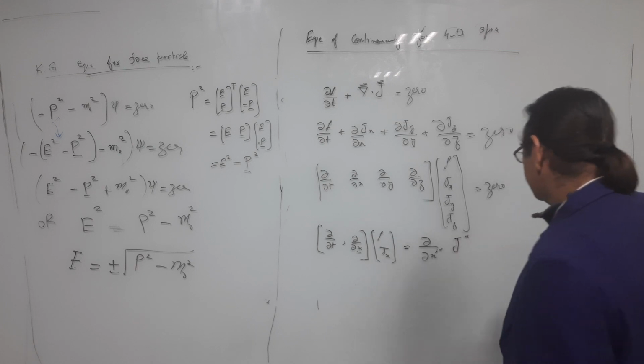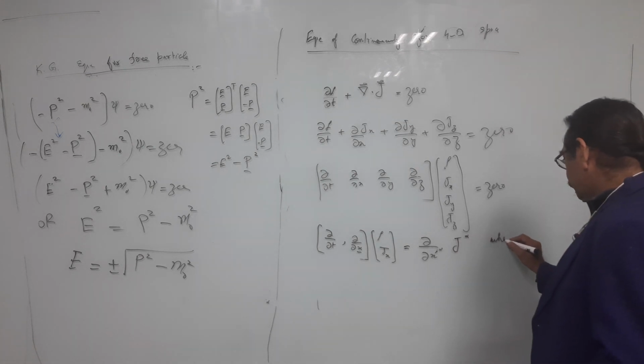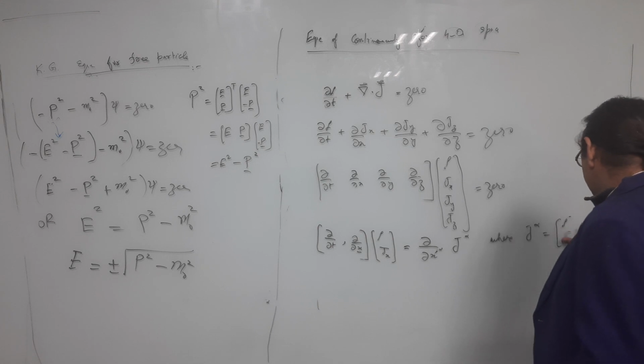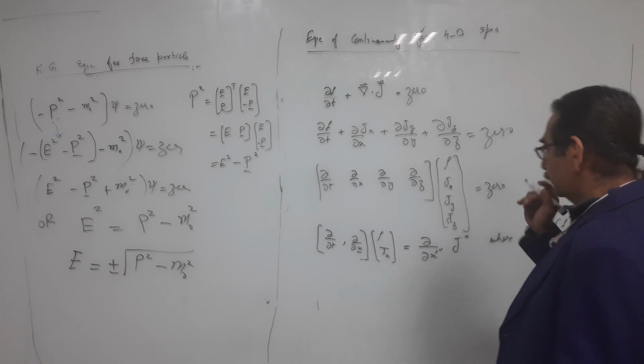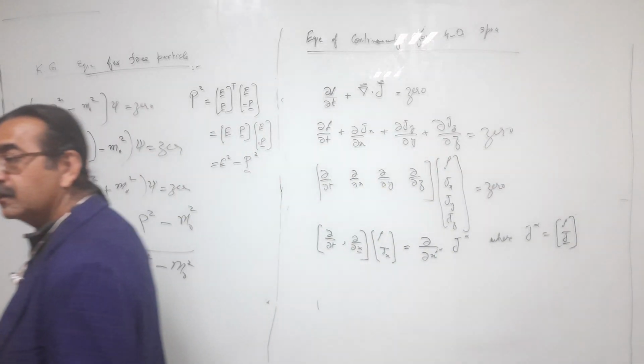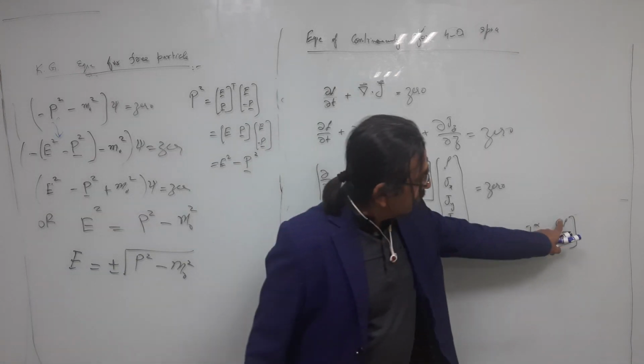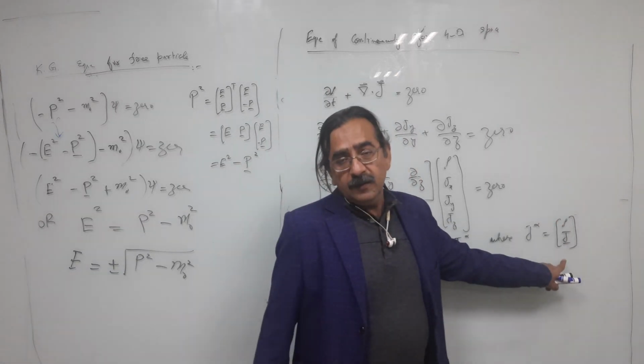J alpha, where J alpha is rho and J. All are in column.